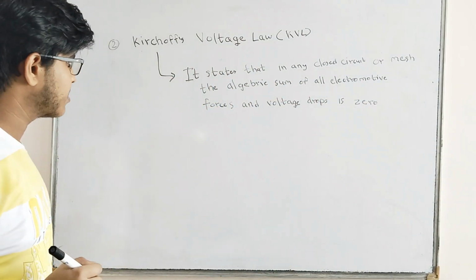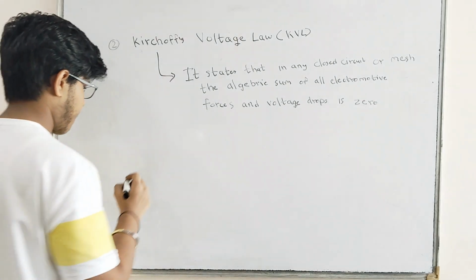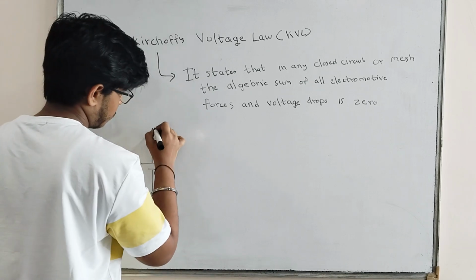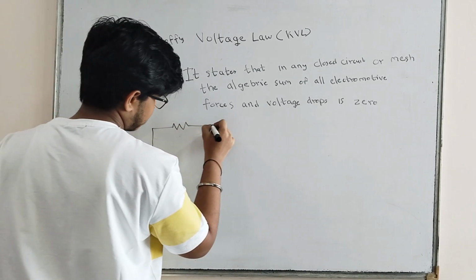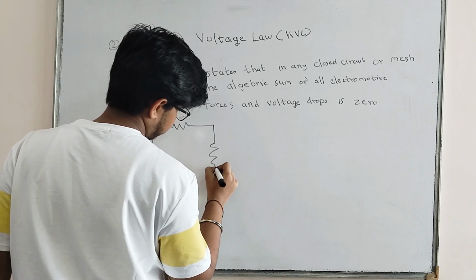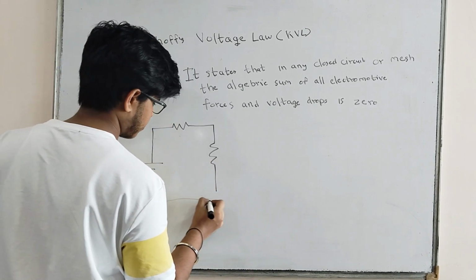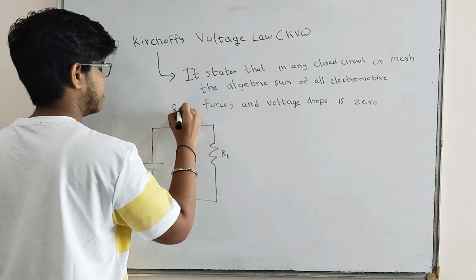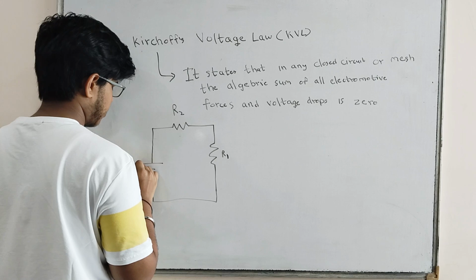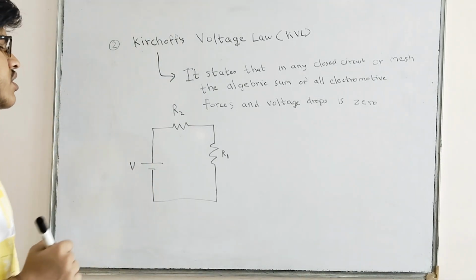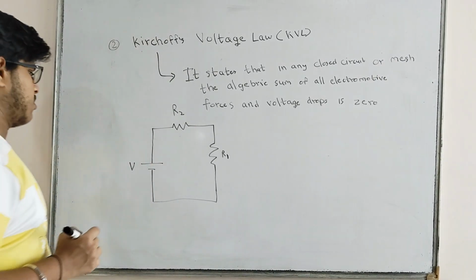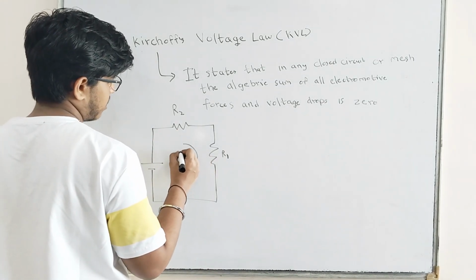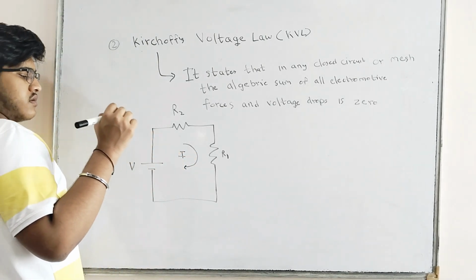Let us understand this with an example. I have a circuit. This is my resistance R1, and this is my R2. This is my V volts. This is the voltage drop. Now take the direction of current I to be clockwise.